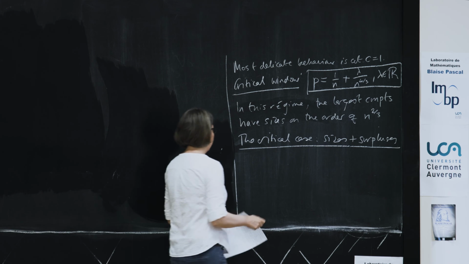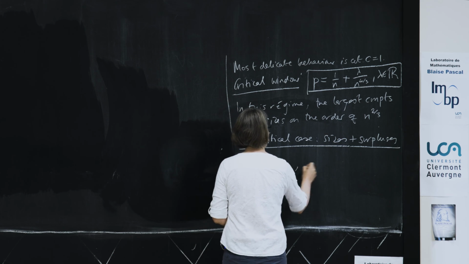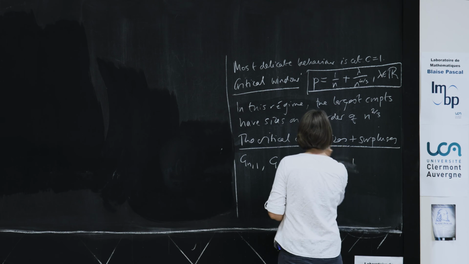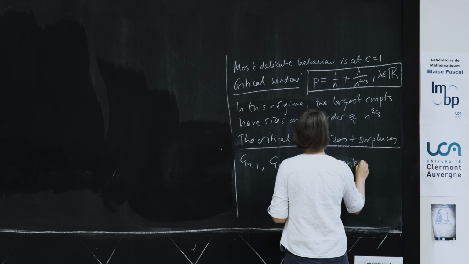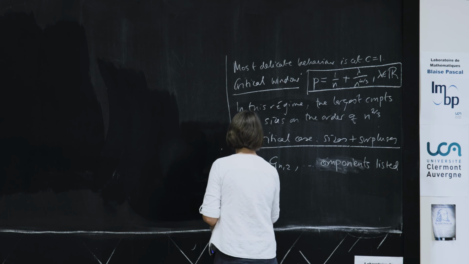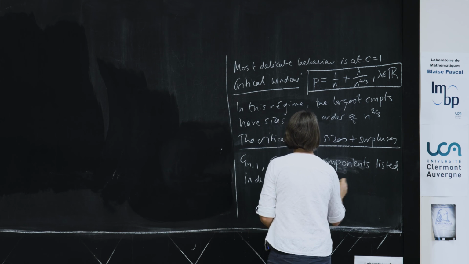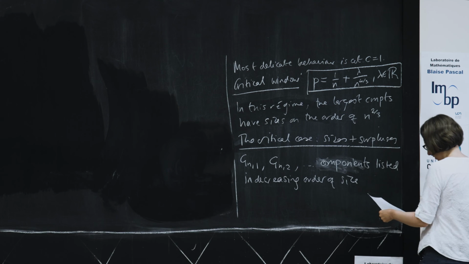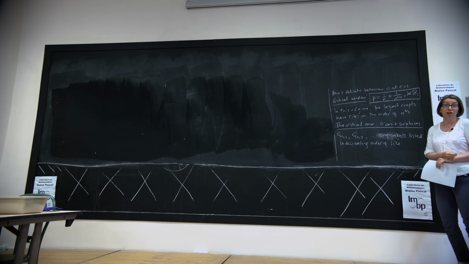Again, we've got G_n^1, G_n^2, and so on, the components listed in decreasing order of size. I'm just going to use modulus signs for the sizes. Let me have some notation for the associated surplus numbers.